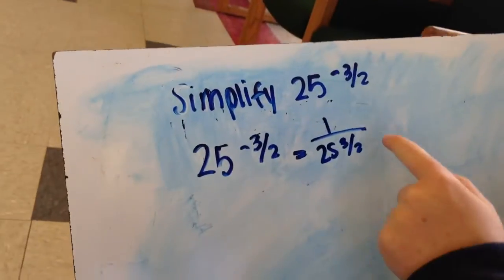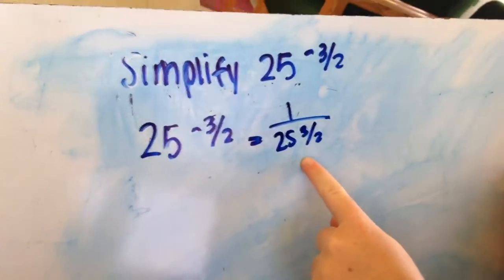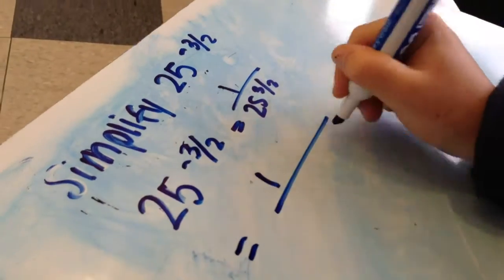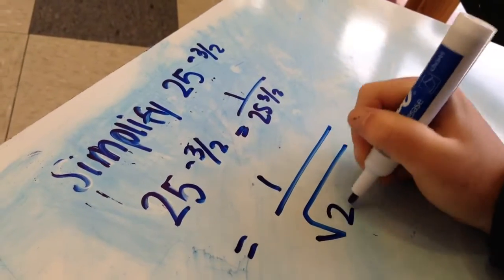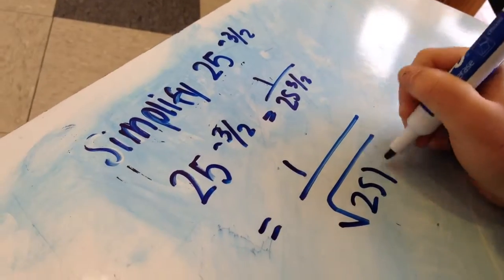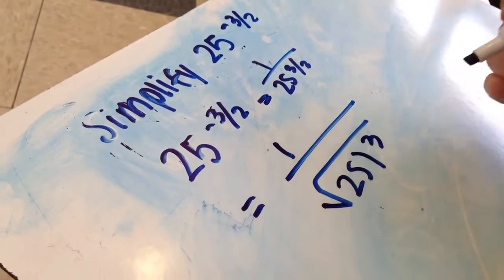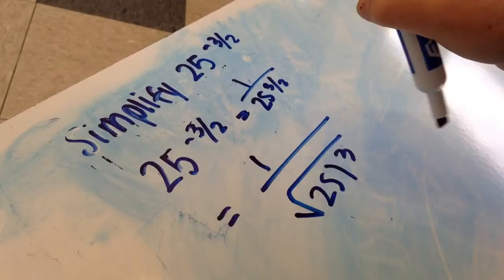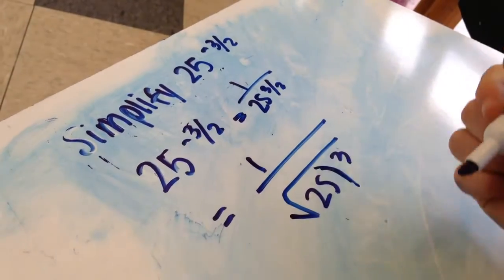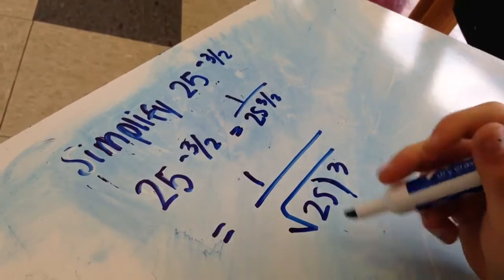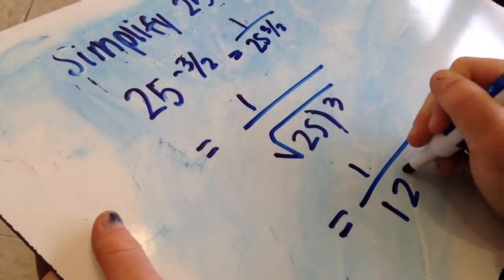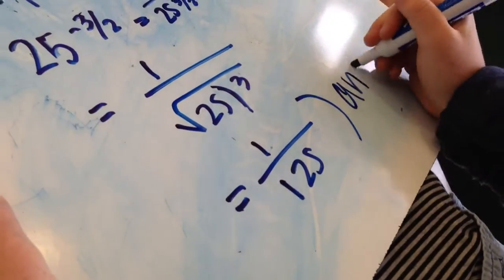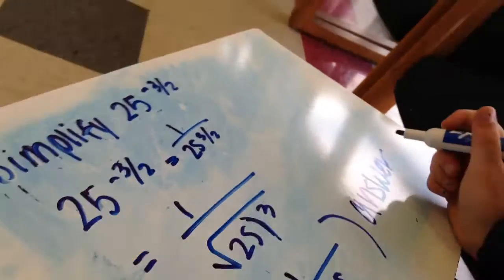You do that because that's a negative exponent, and that's what you do for negative exponents, you put it in a fraction, and then that equals 1 over radical 25 parentheses 3, because you move the 2 from that out to the square root, so you do the square root, and then you put that to the third, and then that equals 1 over 125 when you do that math, and then take the square root, and this is your answer. Nicely done, Ella, nicely done.